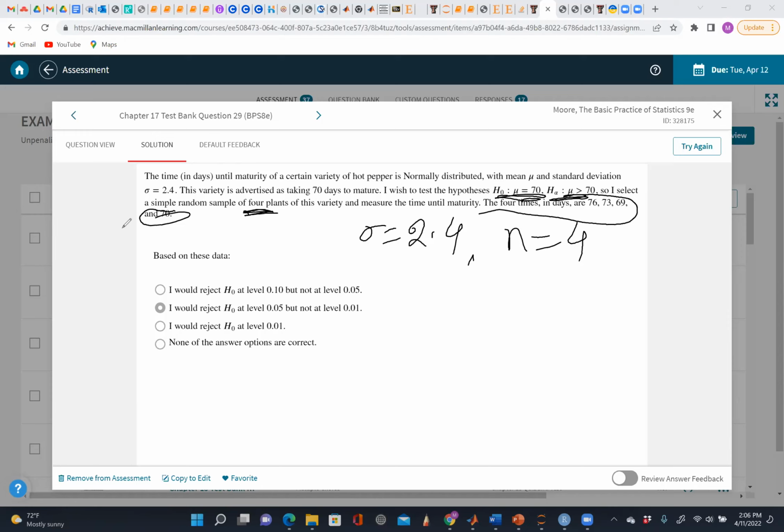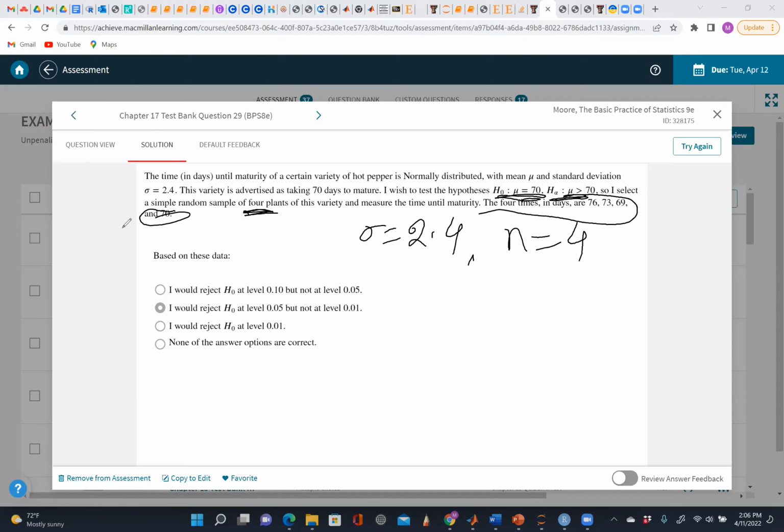Now we need to calculate the sample mean. If you take the average of these four numbers, I think it will be 72 maybe.